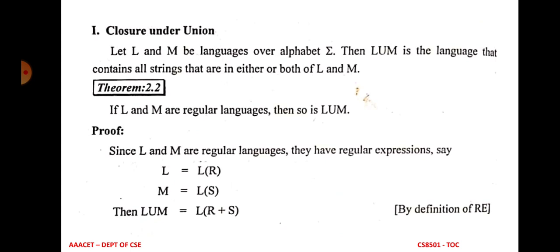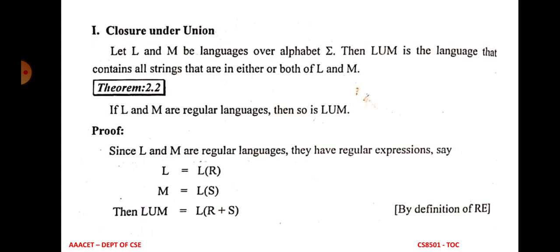The theorem is: if L and M are two regular languages, then L union M is also a regular language. Proof: consider L and M as two regular languages, which should have some regular expressions. We already know each and every regular language has some regular expression, because a language is said to be regular whenever it is accepted by a finite automaton, and then it can be easily described by an expression called a regular expression.